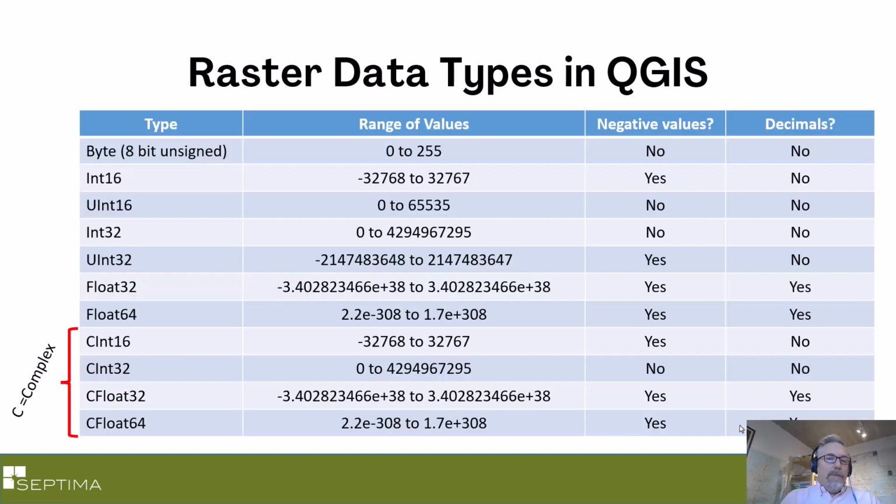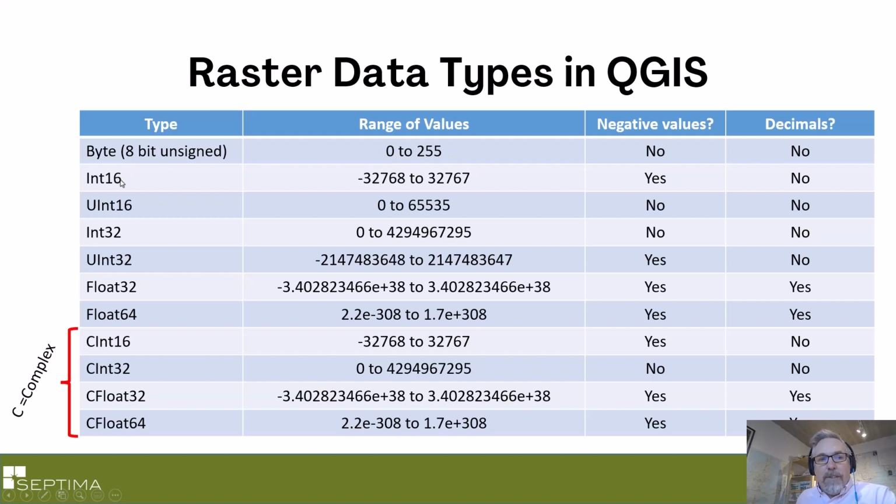This is a table showing the raster data types that QGIS can work with. I'm not going to go through all these in tremendous detail, but the first one, byte, is an 8-bit raster and it's unsigned. The fact that it's unsigned means it cannot contain negative values, only positive. 8-bit means it can store 256 values, so 0 to 255.